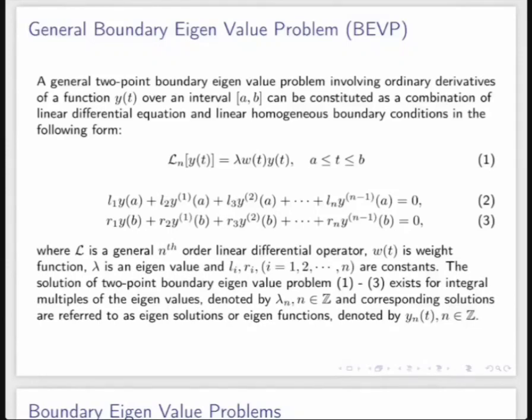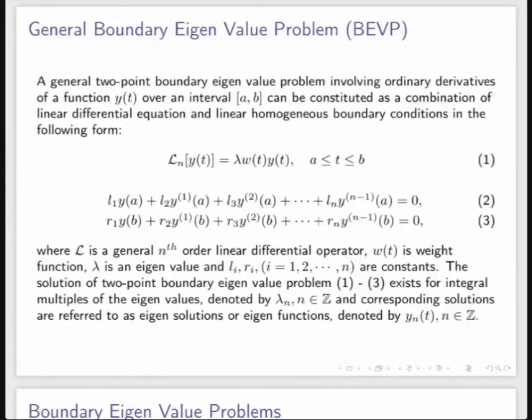Let's say there are r left boundary conditions, then there are n minus r right boundary conditions. And equation 1, which is a linear differential equation, together with equations 2 and 3 will give rise to a boundary eigenvalue problem.